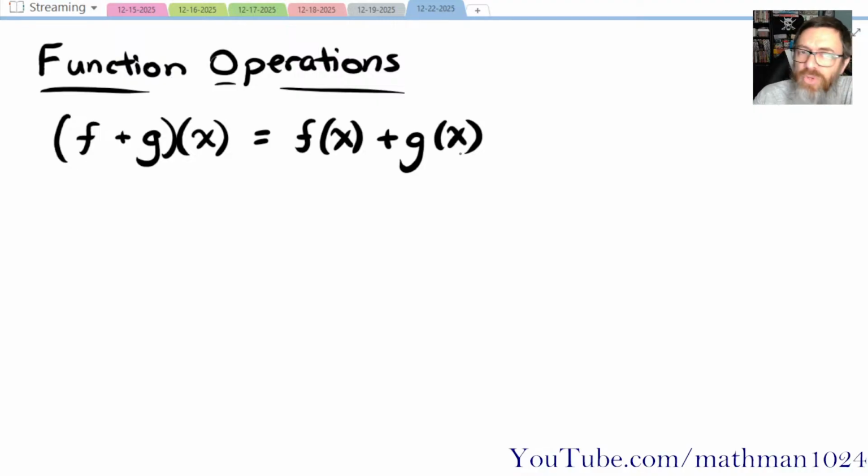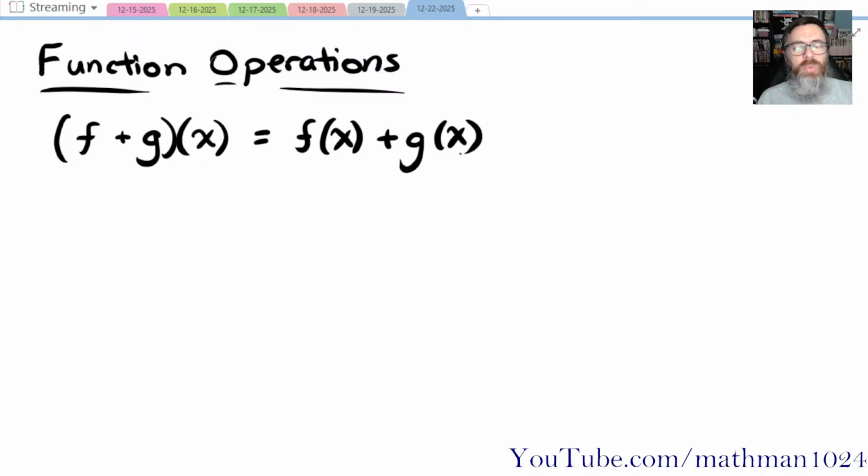Now, the one thing we do have to be very careful about is that when we're talking about functions and function notation, we don't get to do things like distributing. Distributing is not something that happens when it comes to functions. Even though it looks like f plus g is times x, that's not times x. In the context of functions, those parentheses next to each other do not mean multiplication.